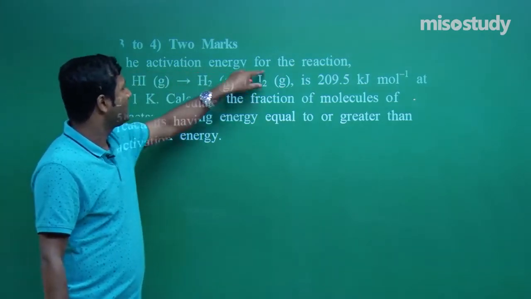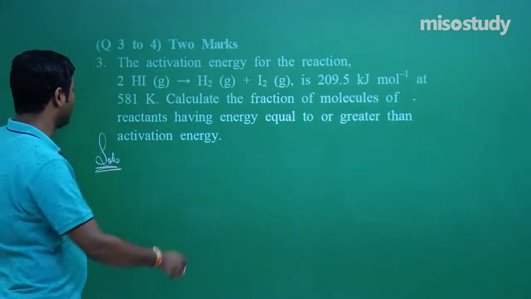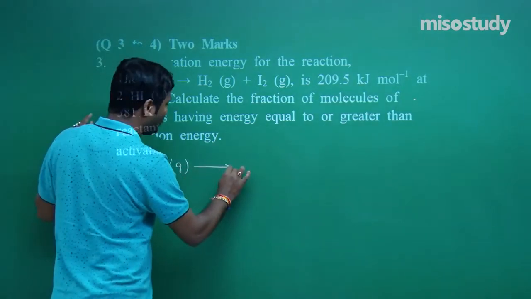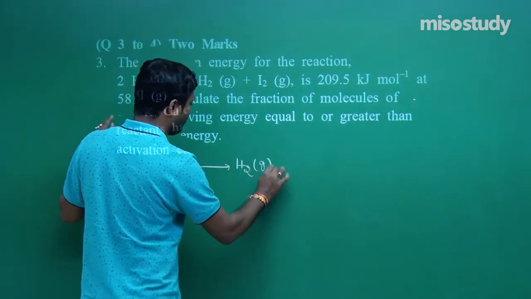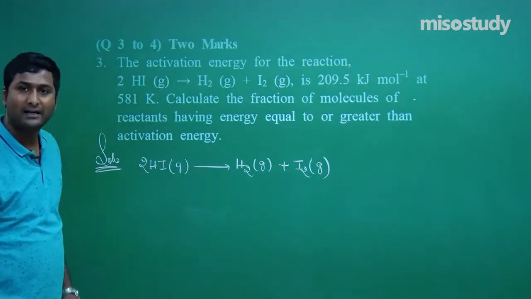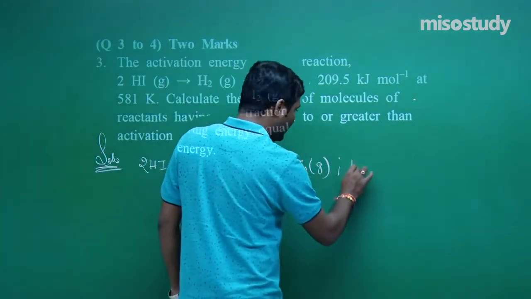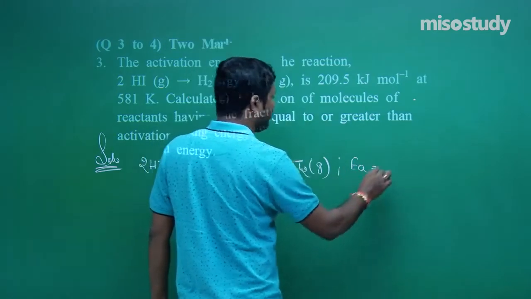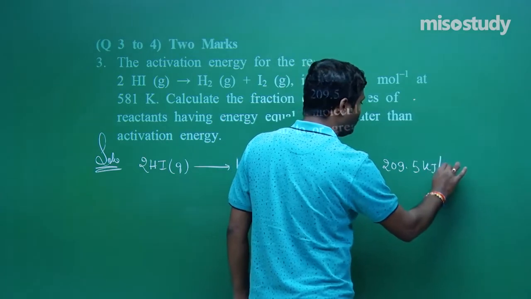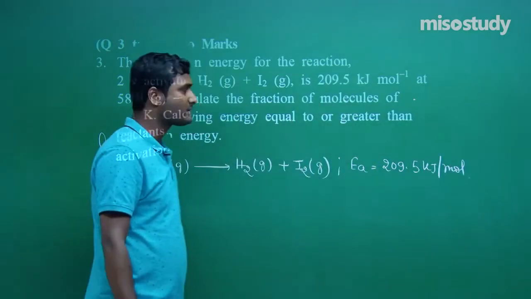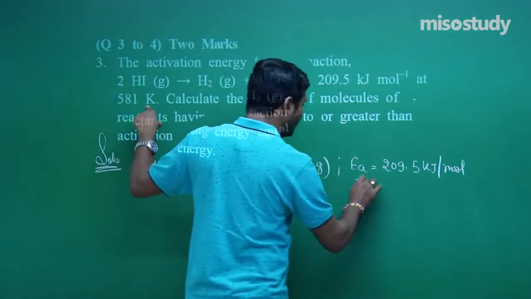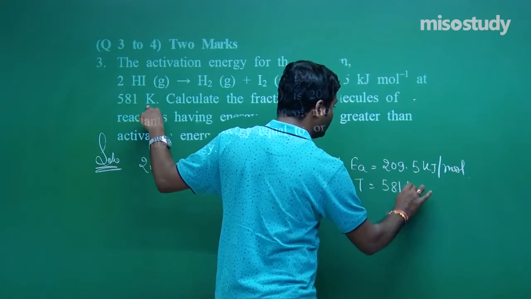The activation energy for the reaction 2HI giving H2 plus I2, that is Ea, is given as 209.5 kilojoule per mole, at the temperature of 581 Kelvin.